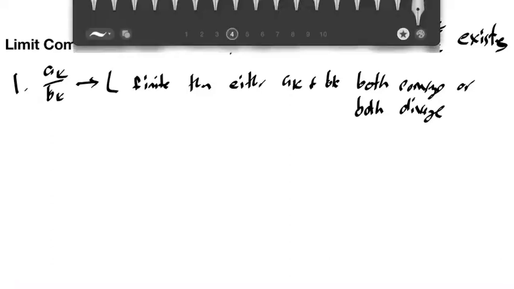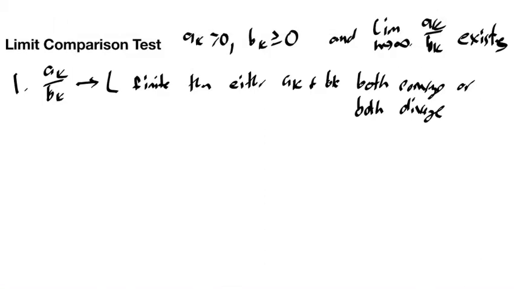Well, if this thing equals L, then you can do a little bit of rearranging. There exists some n such that if k is greater than or equal to n, then a sub k over b sub k is strictly greater than L over 2, and then you can bound these.